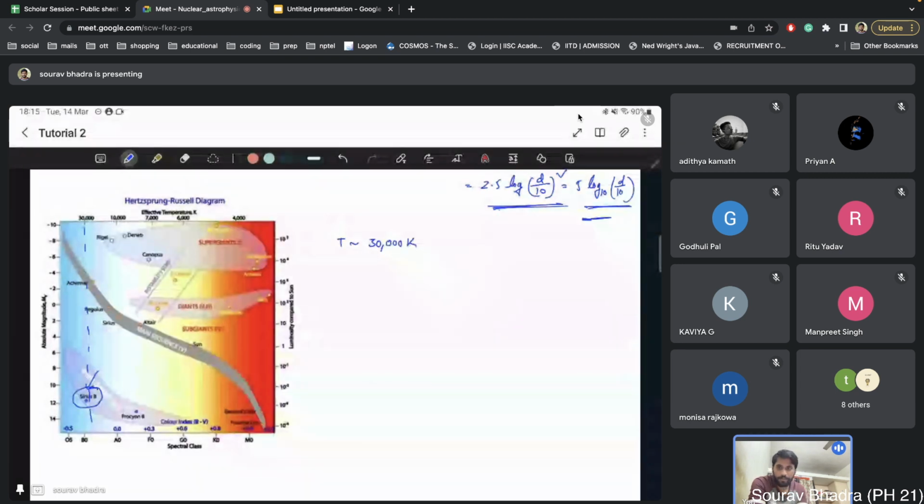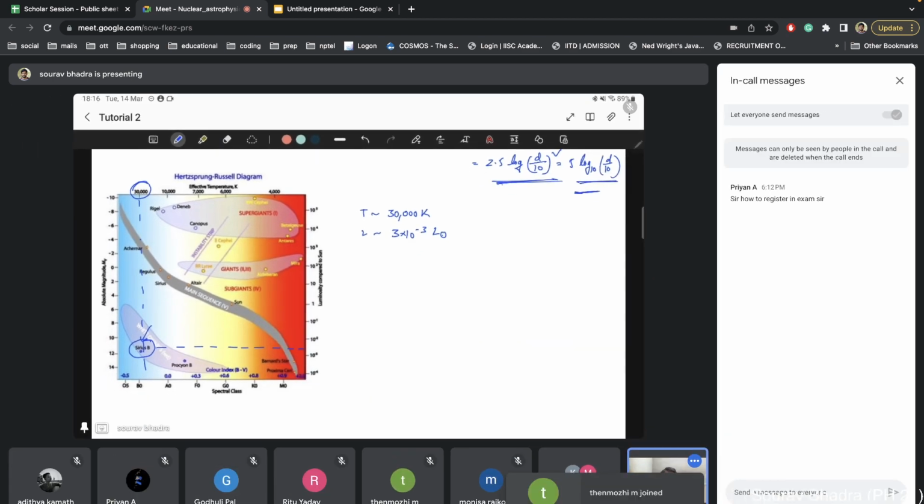That is coming purely from the HR diagram. And the luminosity, on this axis, is slightly above 10 to the power minus 3 of solar luminosity, although it is not a straight line. So I will take the luminosity as 3 times 10 to the power minus 3 of solar luminosity.